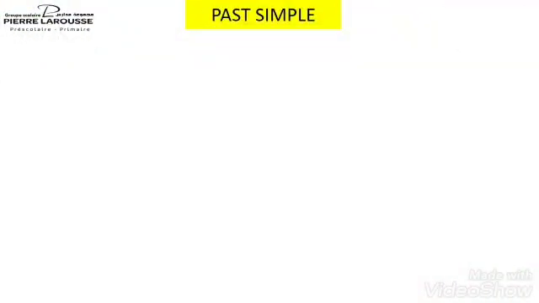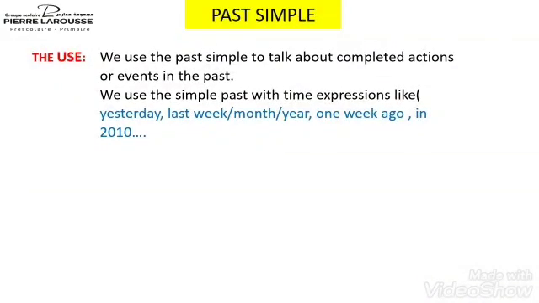The thing we are going to talk about is the use. When do we use the simple past or the past simple? So we use it to talk about completed actions or events in the past, which means actions that have already happened in the past.